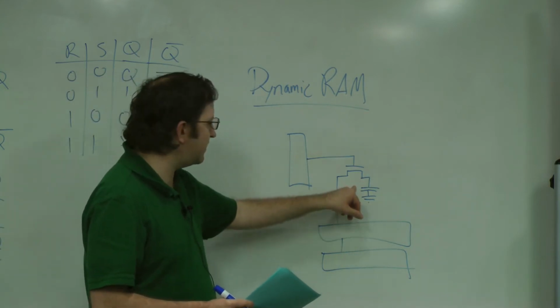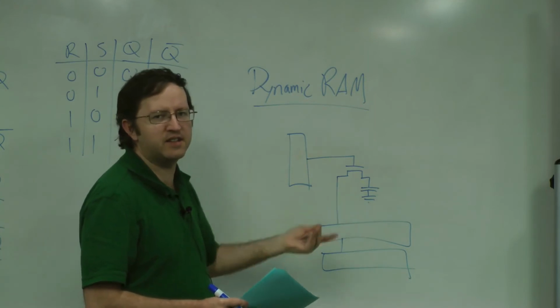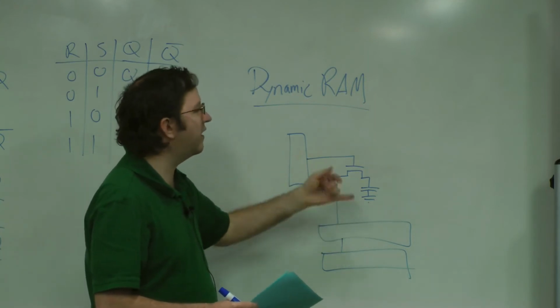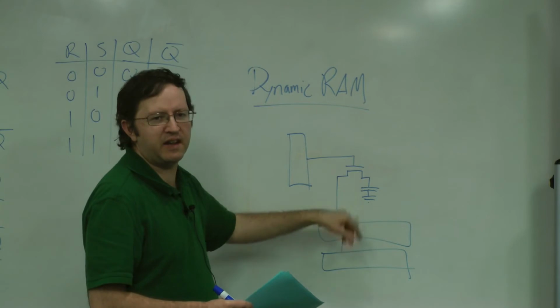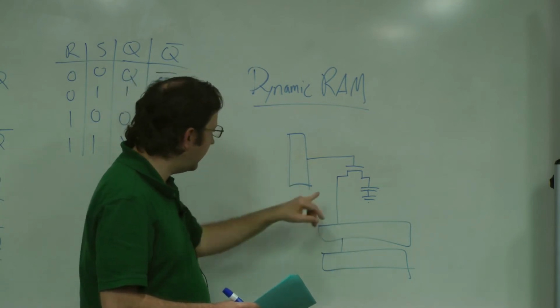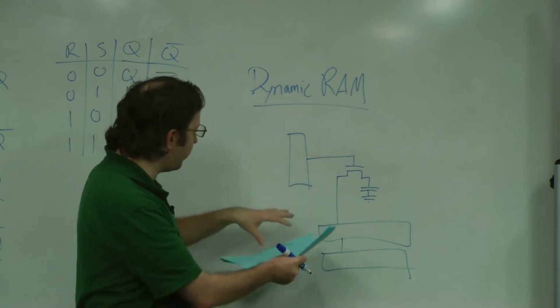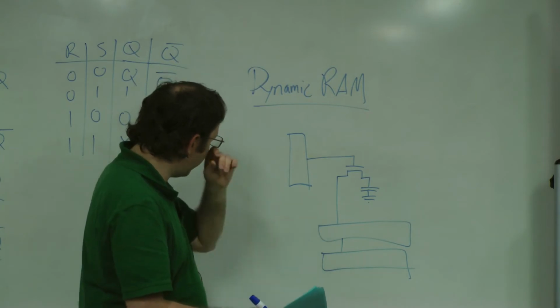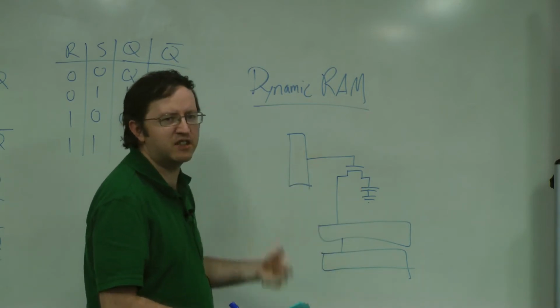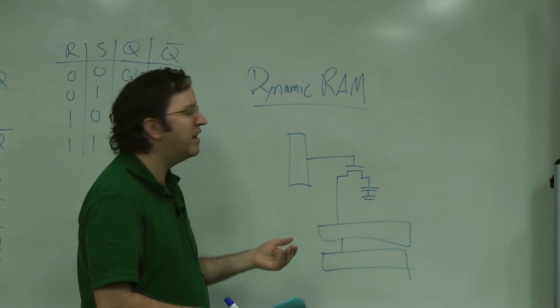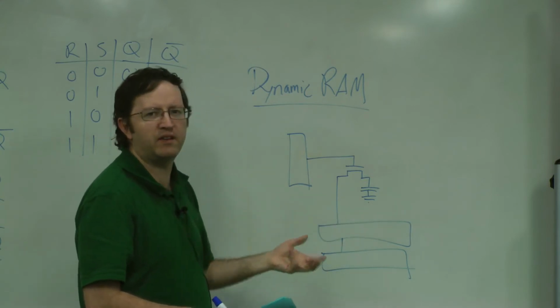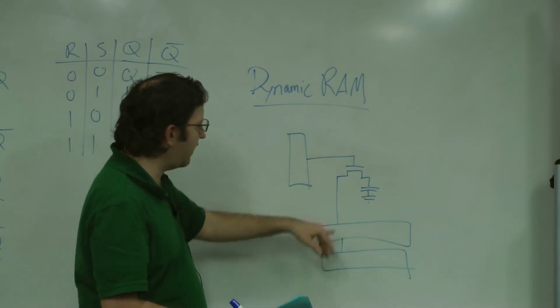When the capacitor is charged, it's considered set to 1, and if it's empty, it's set to 0. In order for this to work, you have to have a big complicated structure, where you're constantly reading the capacitor to keep it refreshed, since the charge keeps going to 0. Which is why when you turn off the computer, this disappears instantly.